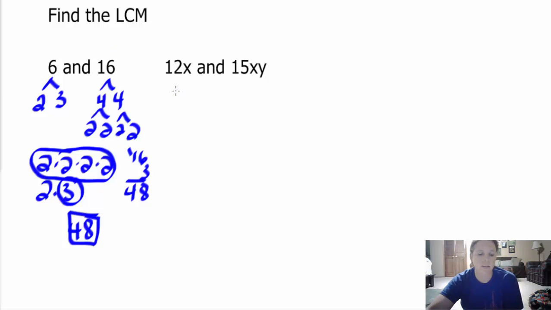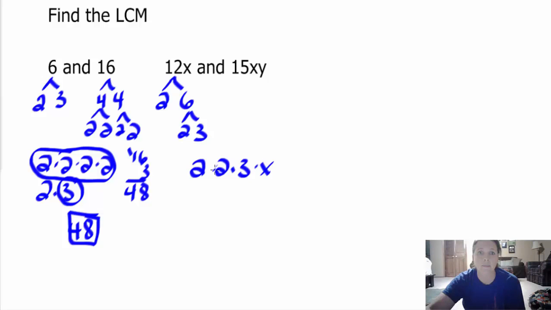So what about 15 and 12? Again, you could do your multiples. I would start with your multiples of your big number, but I'm going to go ahead, because I feel like you've done that before, and do it the factor tree way. So 2 times 2 times 3 times x.